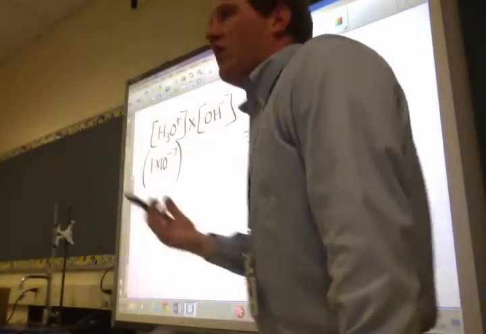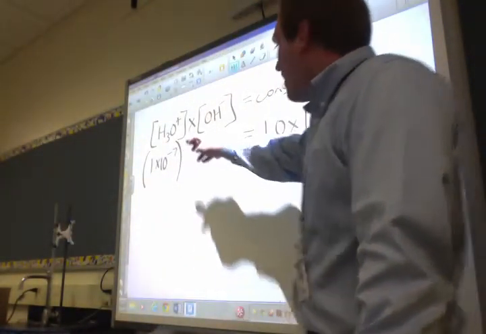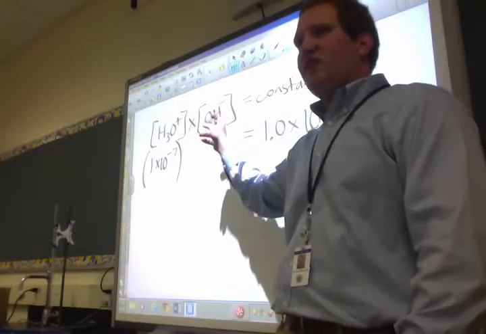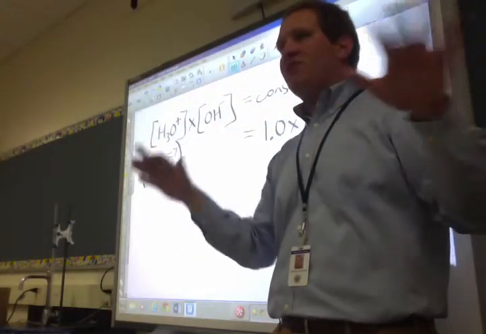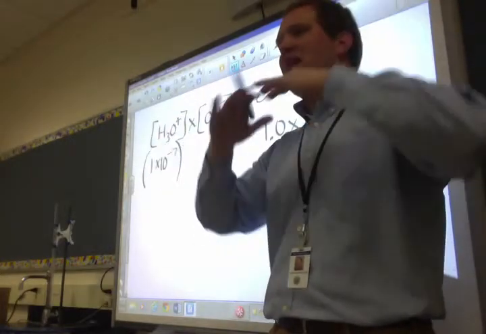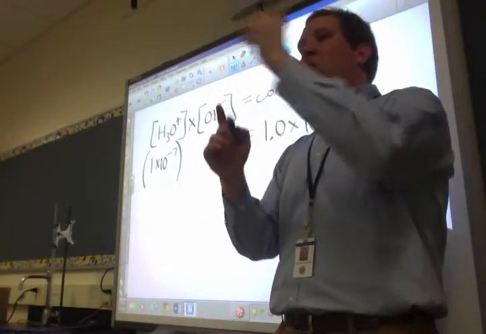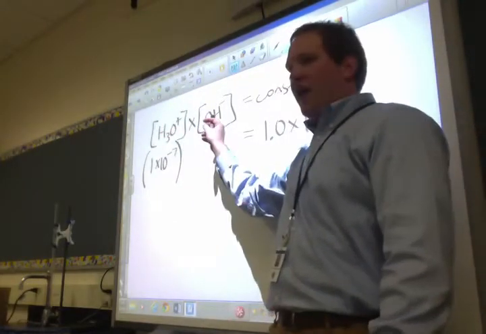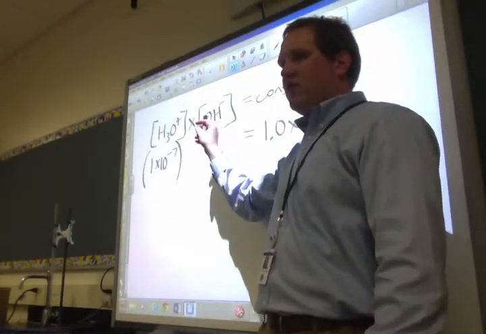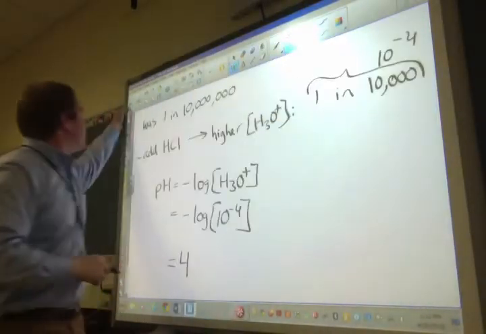Now in neutral water, the concentration of this equals the concentration of this. Assume we have pure water with no hydronium or hydroxide at all. Never going to happen, but imagine we had that. Then all of a sudden, one water molecule splits up. For every one of these, how many of these do we get? One.